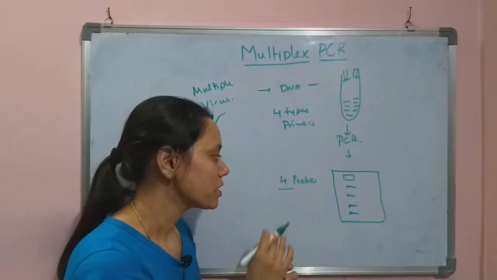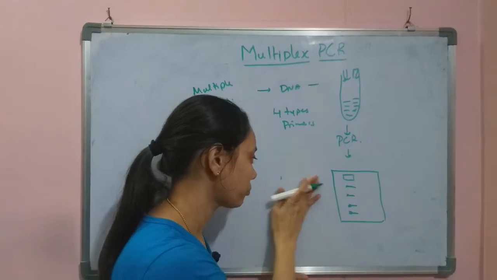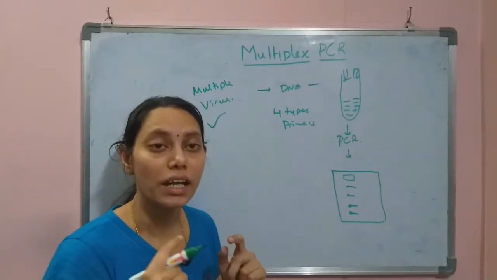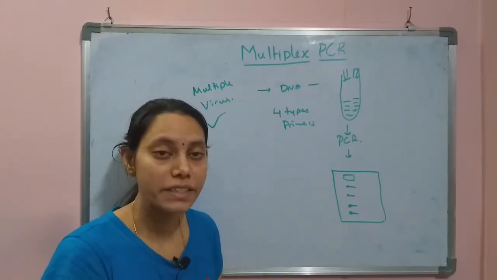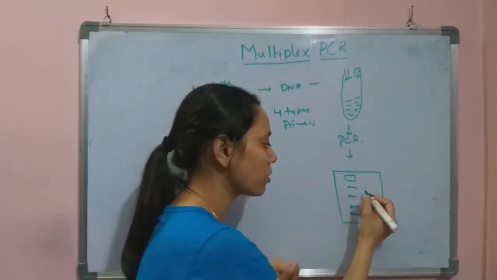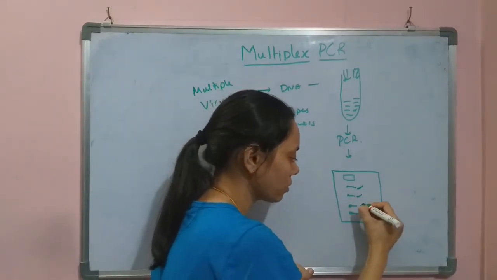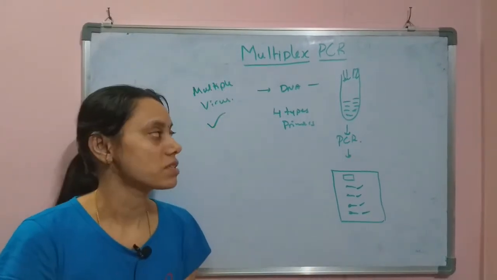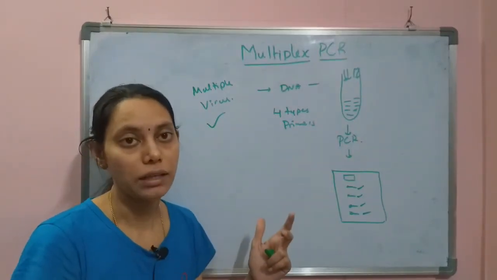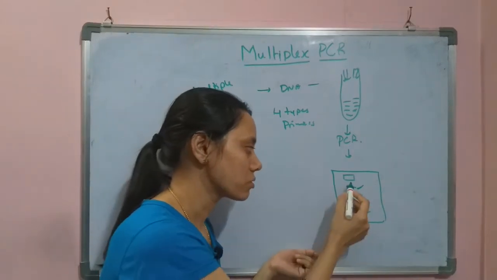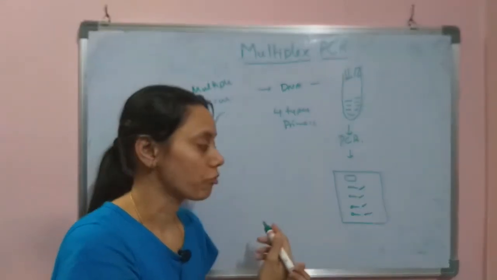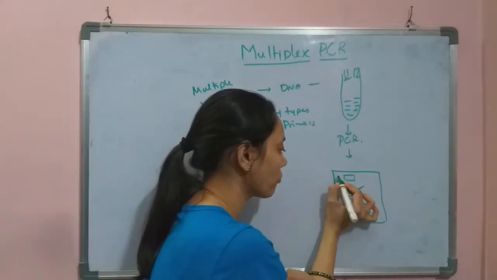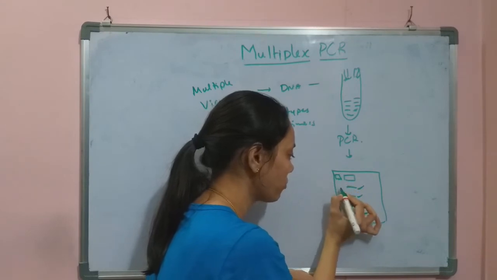Otherwise, instead of using probes, if the target DNA varies in its length, we can also detect based on the band length. If the target sequences have different band lengths, that can also be resolved using the gel electrophotogram by using a molecular weight marker.